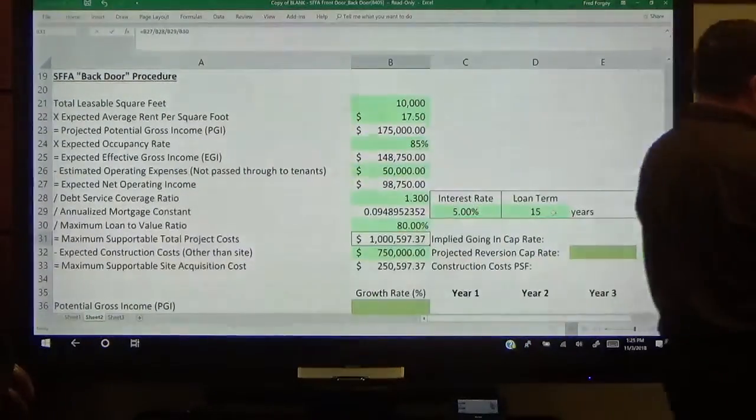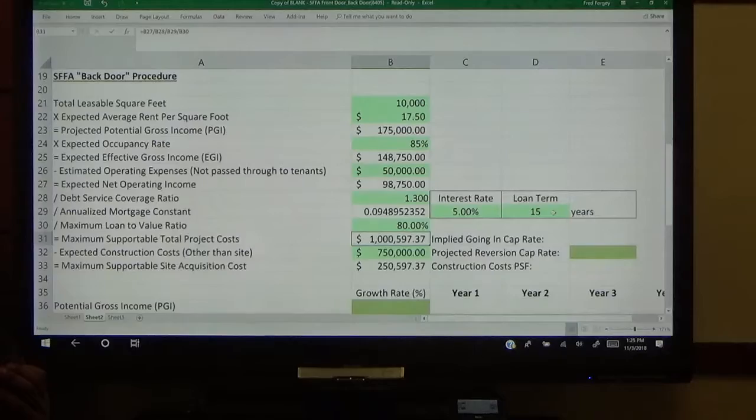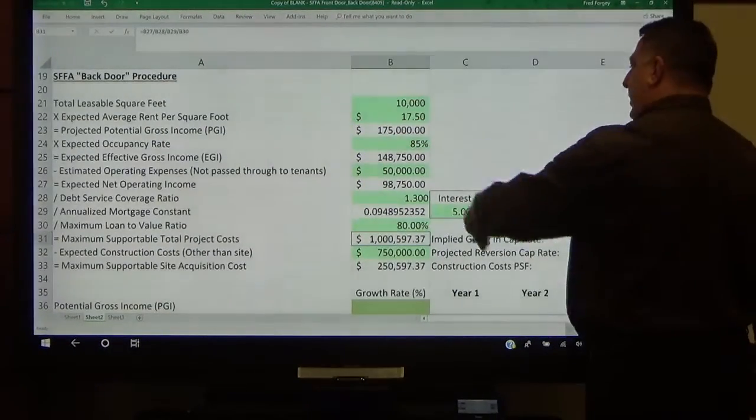So we start out with the 98,750, and that is our NOI.